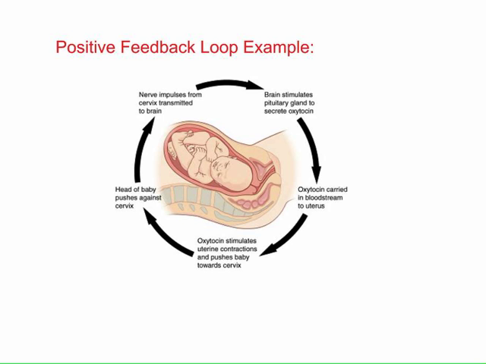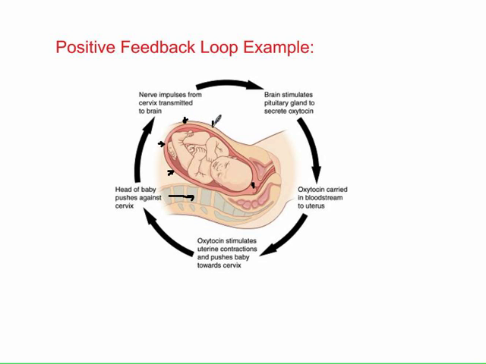An example of a positive feedback loop is childbirth. So what happens is when the baby turns over in the mom's stomach, the head pushes on the cervix. This sends a signal to the brain. The brain then releases a hormone called oxytocin, okay? And then the oxytocin will cause the uterus to contract.